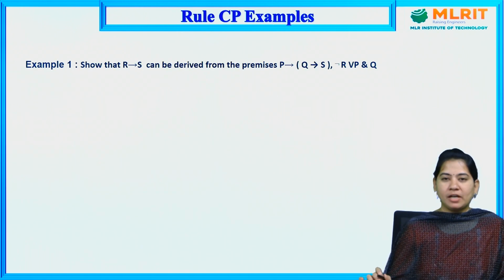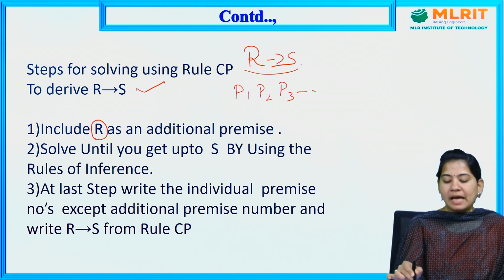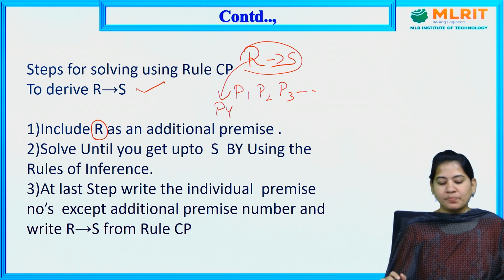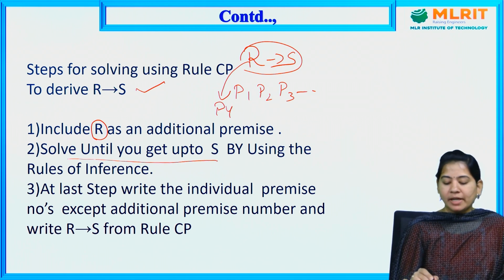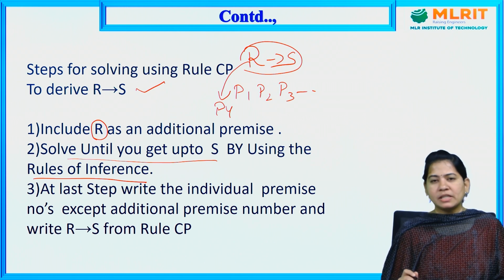From this R implies S, you include R as an additional premise like P4, and solve until you get S by using the rules of inference, like the implication problems and equivalence problems we solved in the previous sessions.